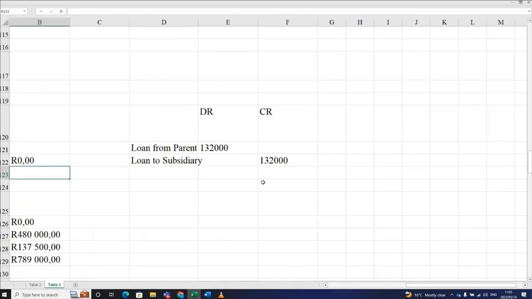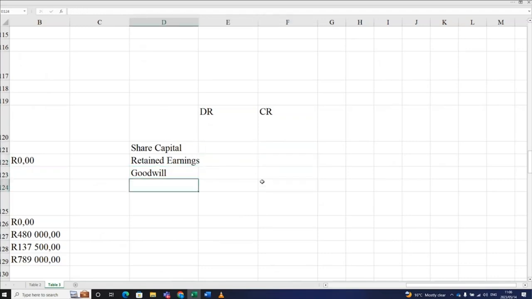It comes from the main elimination journal that you've probably seen so many times, where you eliminate the share capital, eliminate the retained earnings, then you've probably got goodwill at whatever amounts, and then you have investment in subsidiary.